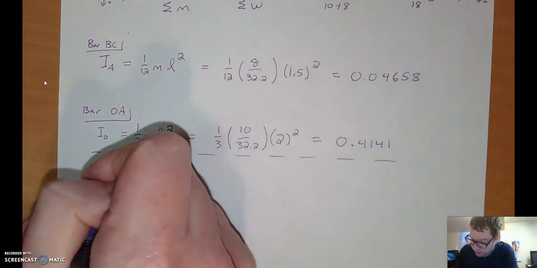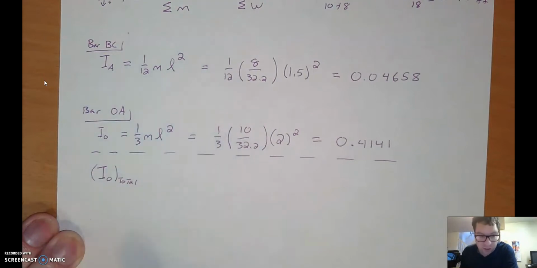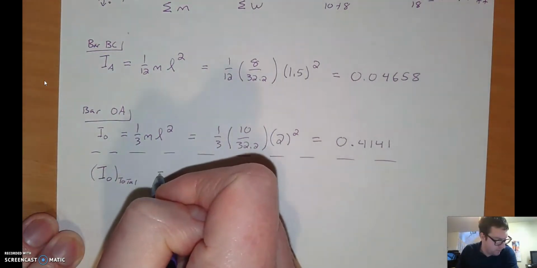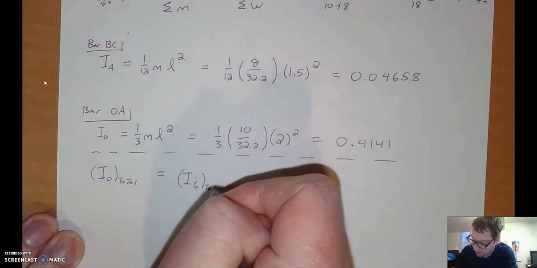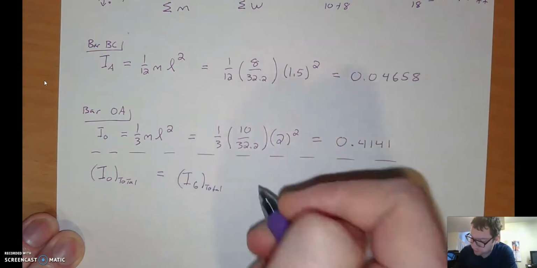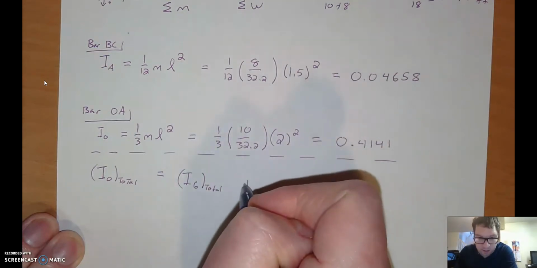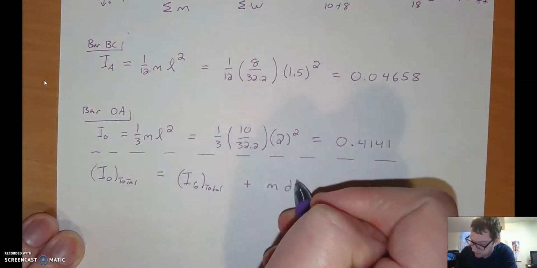So we want to find IO total, and that is going to be equal to IG total, this is what we want to find, the mass moment of inertia about G, plus mass times distance squared.